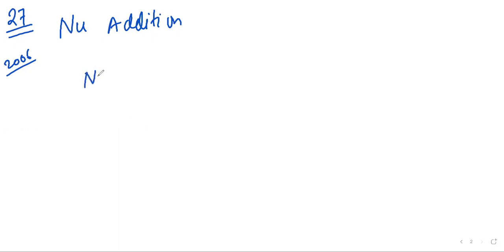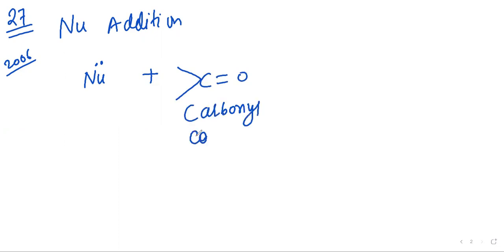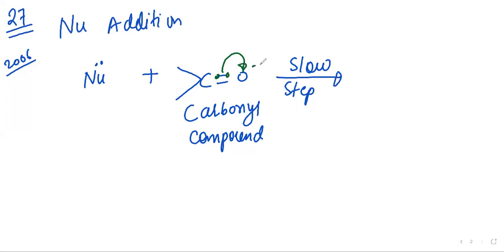I will write nucleophile as Nu with a lone pair. When it is reacting with a carbonyl compound, this is the carbonyl compound general formula, right? So what will happen? This is the slow step. In the slow step, this pi bond electron pair will go to this oxygen, so it will form minus, and this carbon will form plus, right? So this nucleophile will attack this C plus, and the intermediate compound is formed.